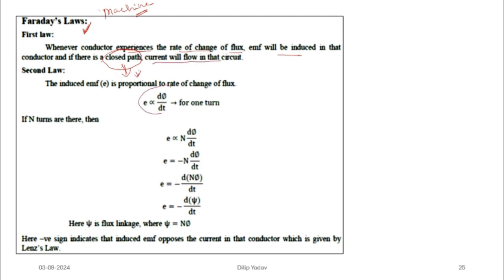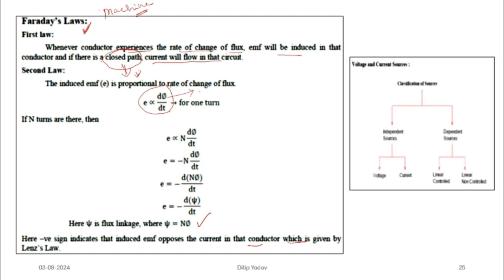E is directly proportional to d phi by dt, where phi is the flux, the magnetic lines passing per unit time, and with N turns, E is equal to N d phi by dt. This is the derivation, and the negative sign shows that the induced EMF opposes the current, which is given by Lenz's law.